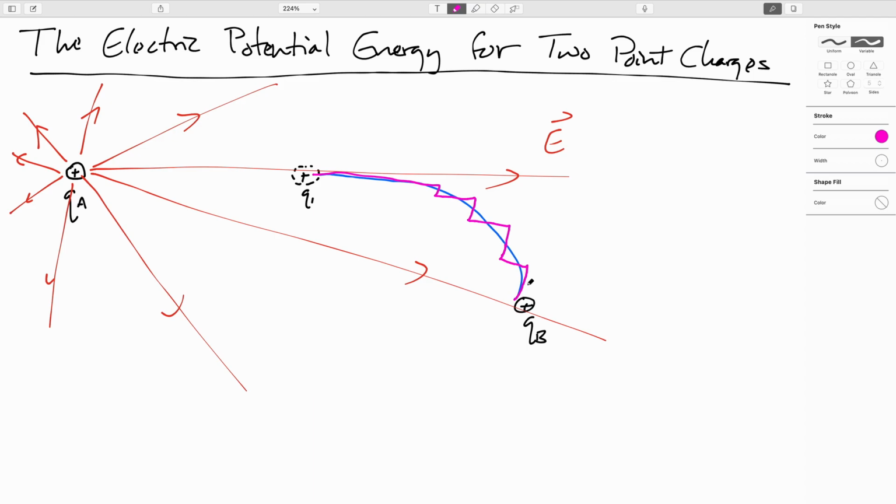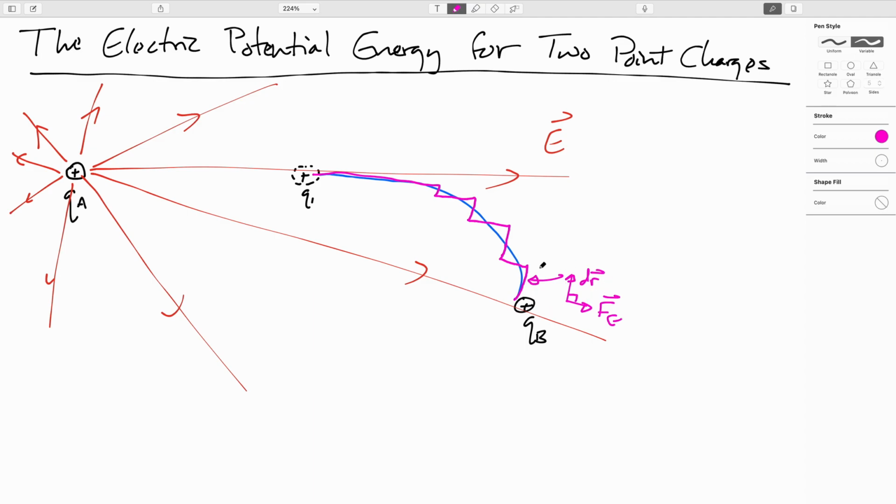The first step is to look at how much work the electric force did here. Well, the displacement, say dr, is going to be perpendicular to the electric force, because keep in mind it's a positive charge, so the electric force will be in the same direction as the electric field.